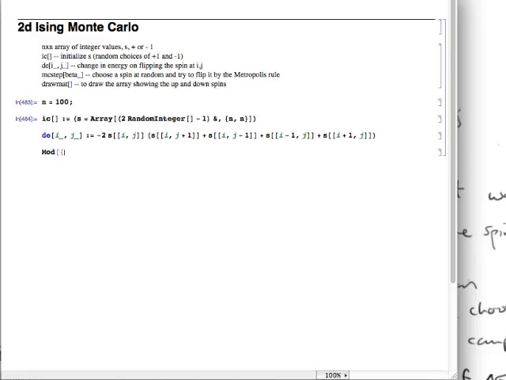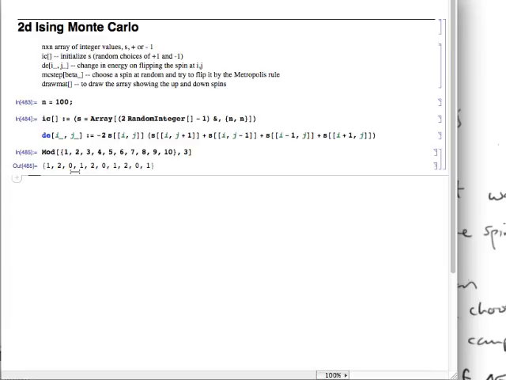In other words, if I take any of these integers mod 3, well, you'll find out it maps them into 0, 1, 2, 0, 1, 2, 0, 1, 2, right? We would like a mod function that actually maps the thing into 1 through n, not 0 through n minus 1, and that you can do with an offset of 1.